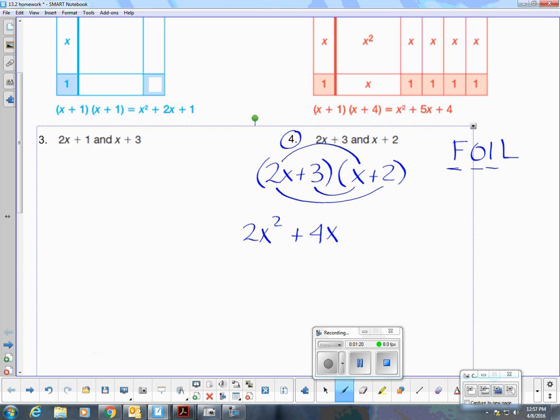Inside, multiplying my inside terms gives me 3x. And the last term of this binomial times the last term of the second binomial, 3 times 2, positive 6. And then I can add my like terms together to get a final answer, 2x squared plus 7x plus 6.